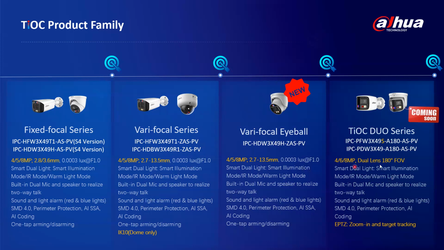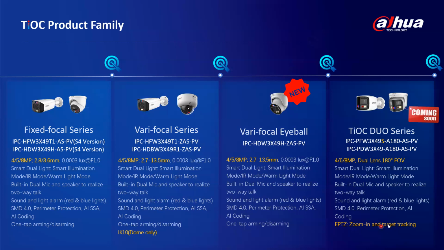Then alongside having the dual lens, that is for the 180 degrees field of view, this again will support the electronic panning, tilting, and zooming, the APTZ. So zooming and target tracking. And again, I believe this will give more target areas for ensuring that you can track the items to generate more detail from what has been captured.